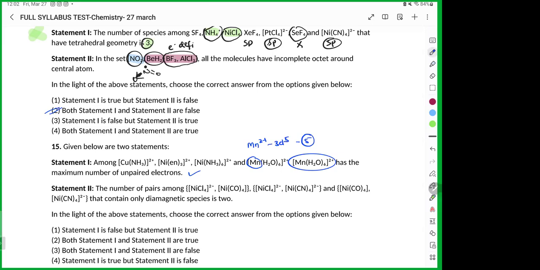Second, the number of pairs among this and this that contain only diamagnetic species is 2. 2 diamagnetic species are there. Nickel carbonyl is diamagnetic, definitely. Nickel cyanide, diamagnetic. Correct. Yes.